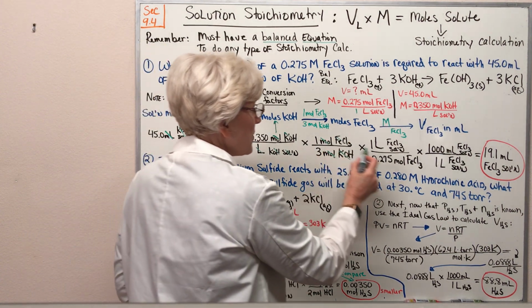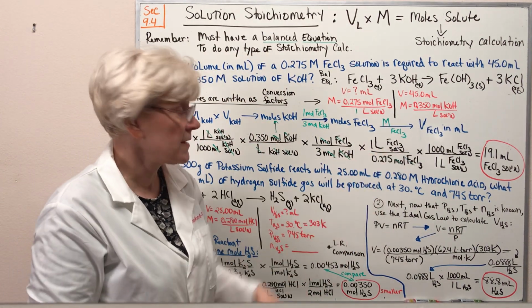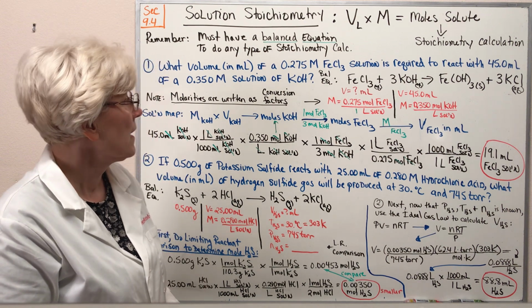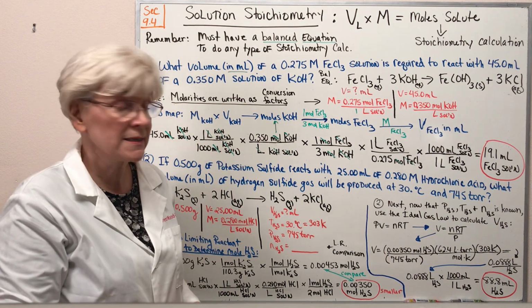My moles of iron(III) chloride are canceling in the calculation, and I am left with liters of iron(III) chloride solution. But the problem asked for us to calculate the volume in milliliters.